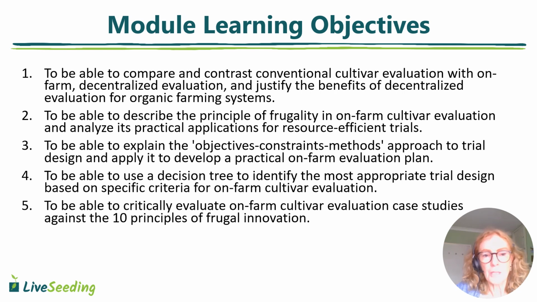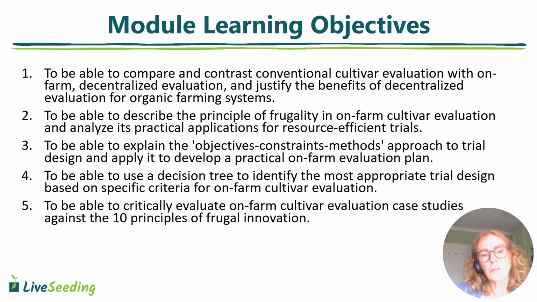These are the module learning objectives, a little bit dry to read, but they're all about how we're going to learn about different cultivar evaluation methods with on-farm decentralized evaluation, the principle of frugality, as I've mentioned, objectives, constraints, methods, and using these decision trees that we're going to see in this unit about selecting the right trial design, and a little more on frugal innovation.